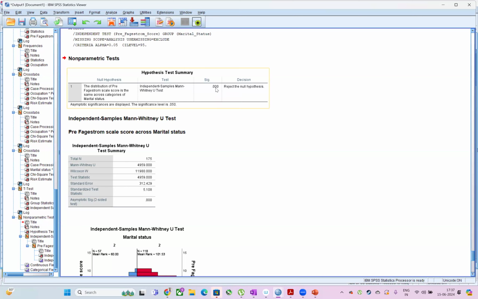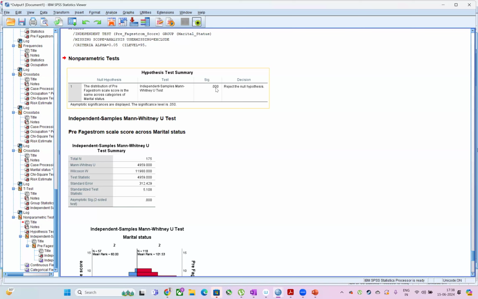In case of normality of the data, you use the t-test, and you will say mean plus or minus standard deviation and the p-value. In case normality is not there, then you have to interpret with the median and interquartile range, followed by the p-value obtained from the Mann-Whitney U-test.